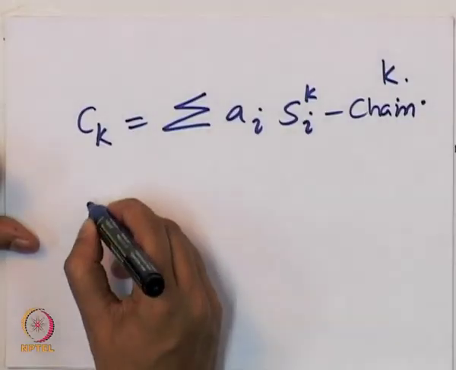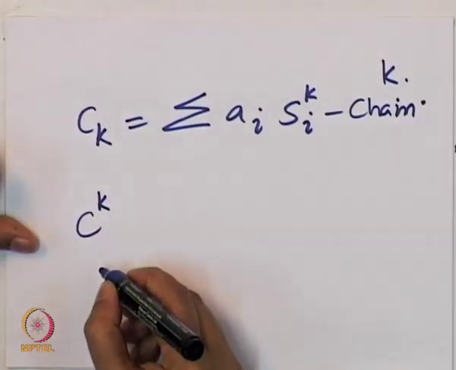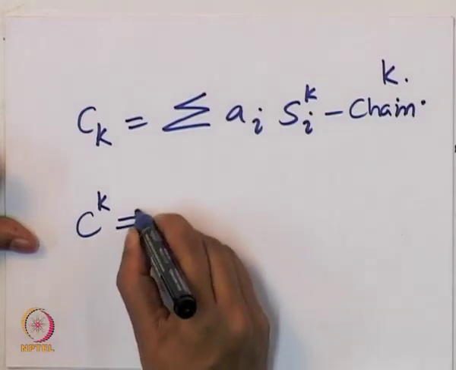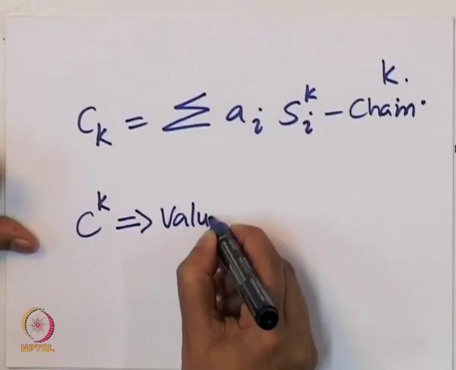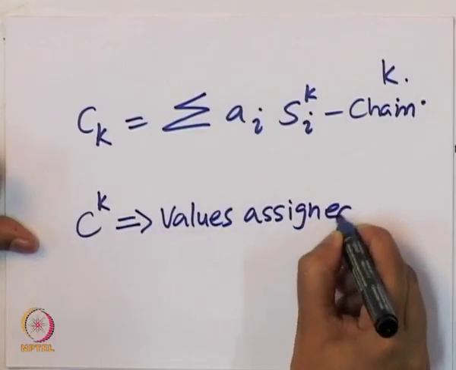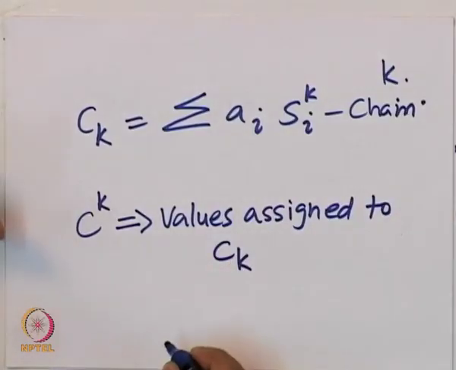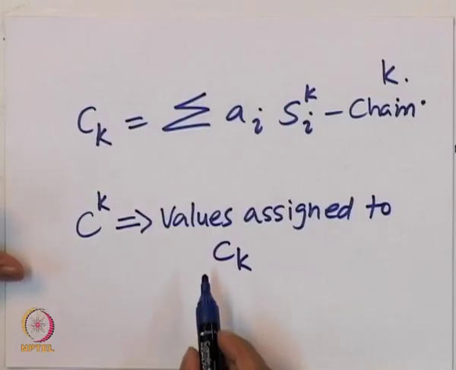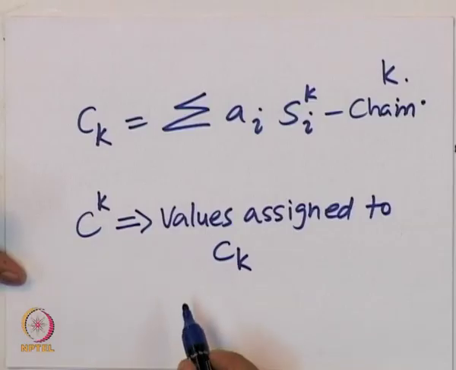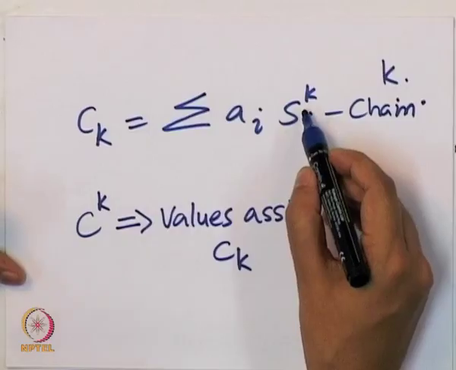What we call a cochain, we use the word superscript, C superscript, and these are values assigned to K chains. The question is, let us say I take the simplest chains. The simplest chains are the simplex itself.